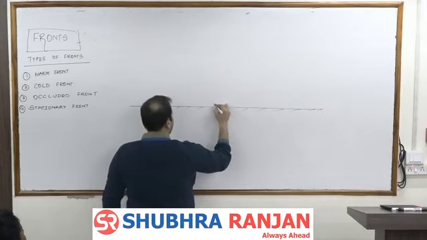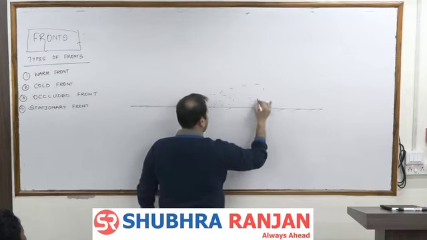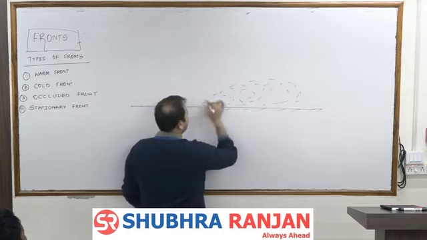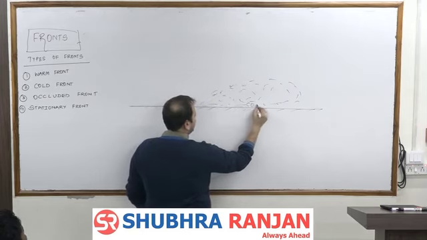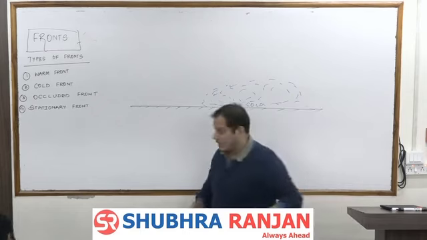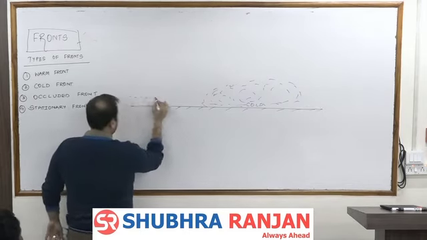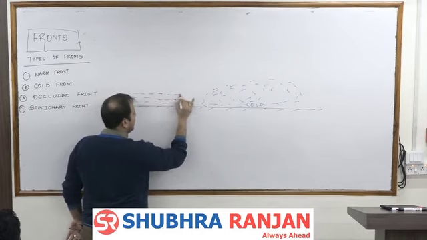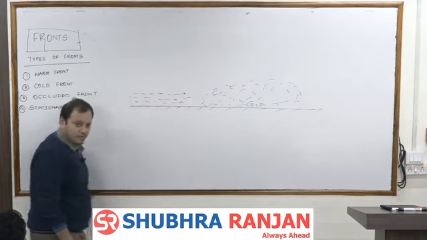So there is cold air on the ground. Warm air comes with great speed. It is much lighter. It enters the territory of cold air. When it enters the territory of cold air, it cannot displace the cold air from the ground.